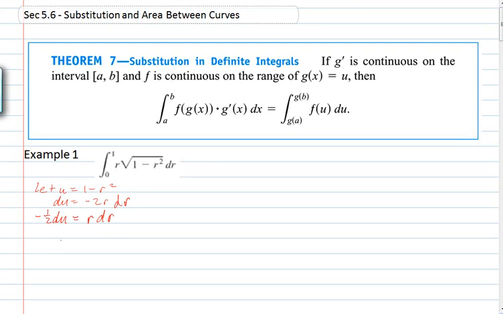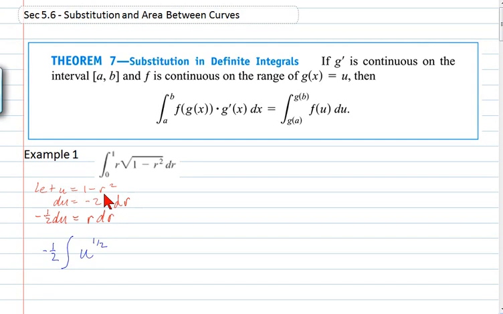So this then, according to Theorem 7, is going to give us the integral that goes from negative 1/2, and by the way, this is going to be u to the 1/2. Our new lower bound I get by taking this 0 right here and plugging it into the function that we let u be equal to.